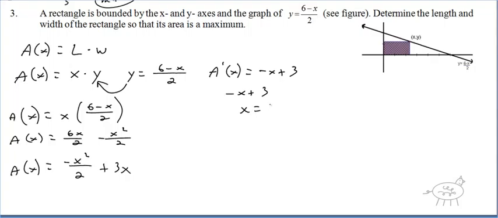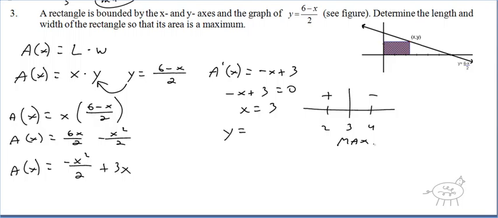So x equals 3. And then y is equal to, well, actually I need to check it first, right? I need to do my interval testing here. So 3, and then 2 and 4. And if I check that, I get a positive slope here, negative slope, so it definitely is a max.